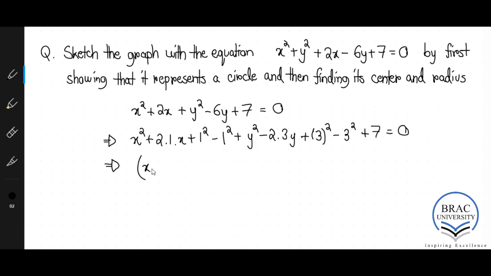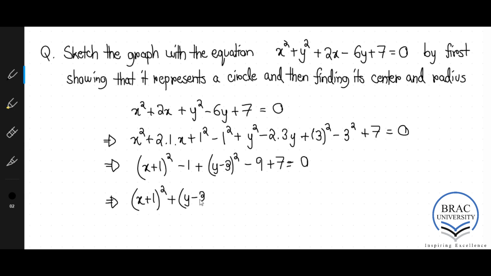We have an (x plus 1) squared, and there's a minus 1 here, and we have a (y minus 3) squared minus 9 plus 7 is equal to 0. By taking the terms that are just constants to the right hand side, we get to the equation. This is equal to 3.